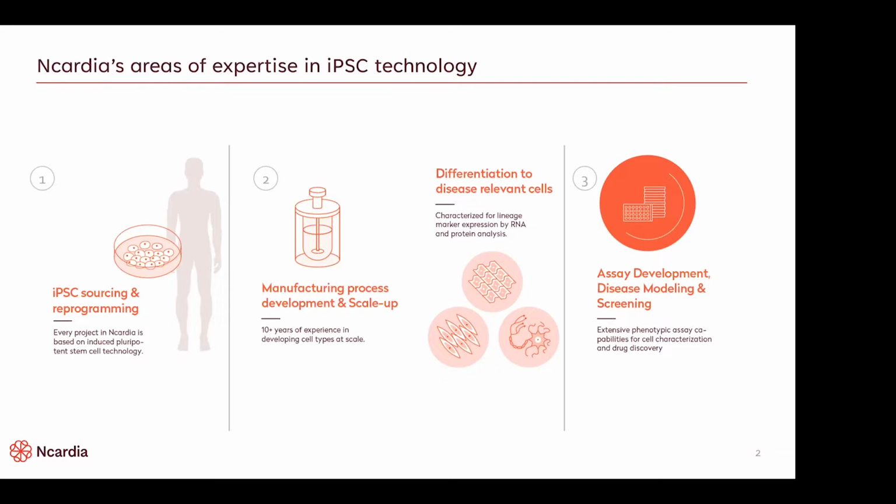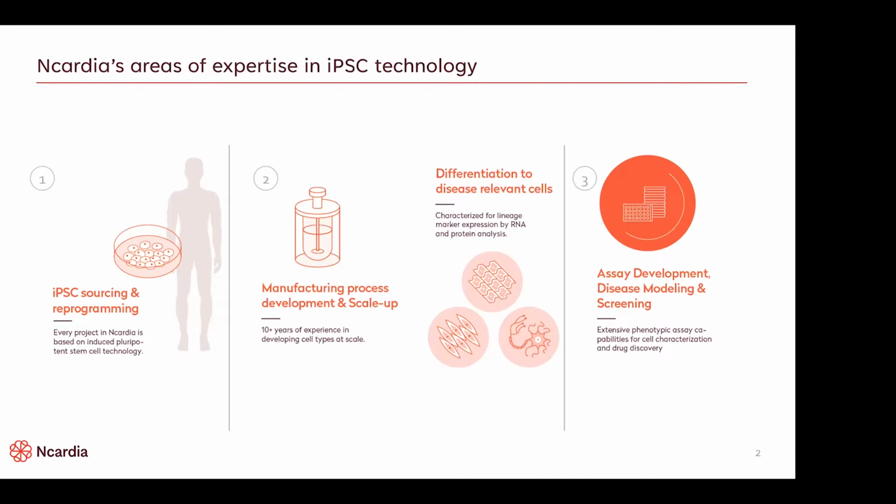Our work starts with sourcing and reprogramming of the cells, which is always based on these induced pluripotent stem cells. After that, we use the cells in our manufacturing process development and our scale up. Our team has more than 10 years of experience in developing cell types at scale.